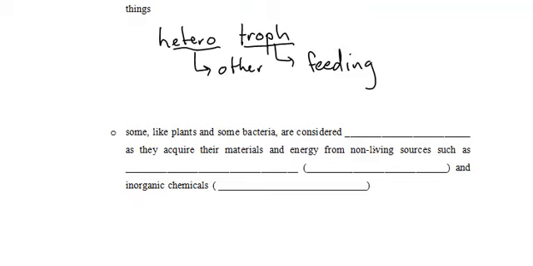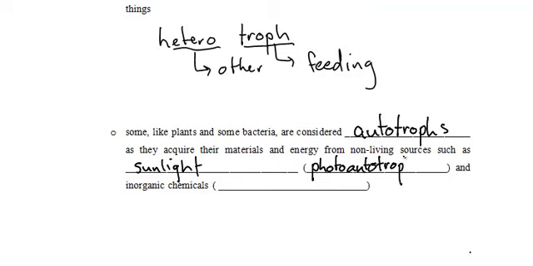Some, like plants and some bacteria, are considered autotrophs, as they acquire their materials and energy from non-living sources such as sunlight, which are more specifically called photoautotrophs, and inorganic chemicals, some bacteria, which are called chemoautotrophs.